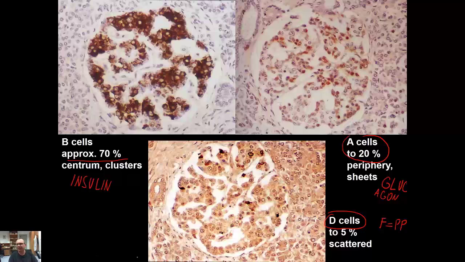All these cells can be recognized by immunohistochemical proof of their products. So everything you need is a good laboratory and antibody against any hormone. For example, if you use an antibody against insulin, which you can buy, you drop it onto the specimen, then you visualize this bond by some method.